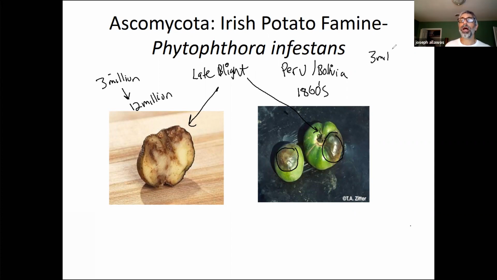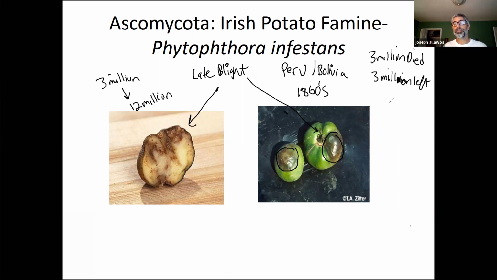3 million died of starvation. Imagine that, 3 million. 3 million left. A third of the population starved, and a third left. And where did they go? Most of them came to the New World to make a better life, right?